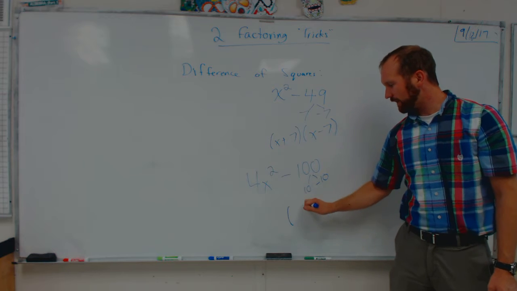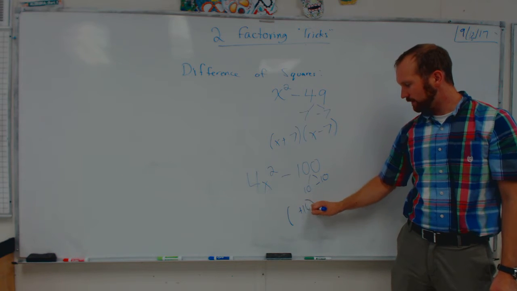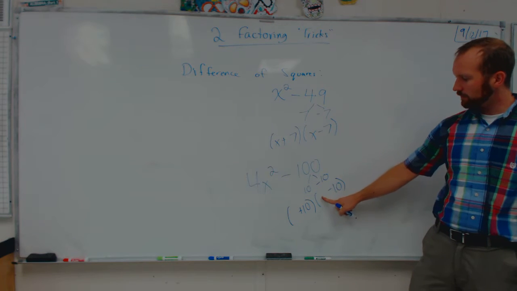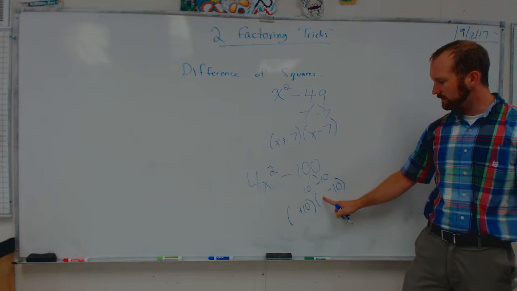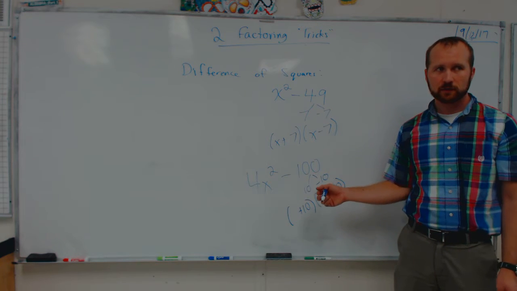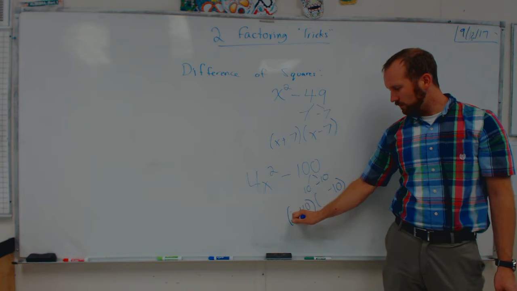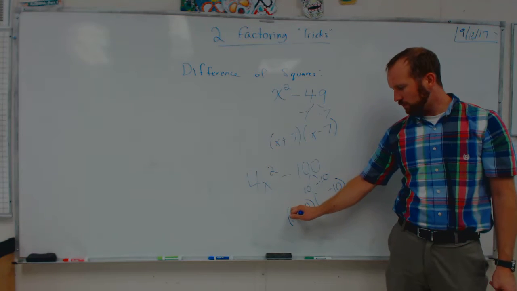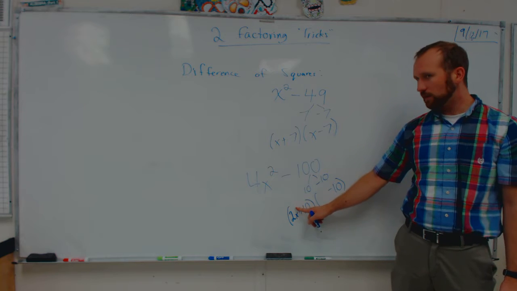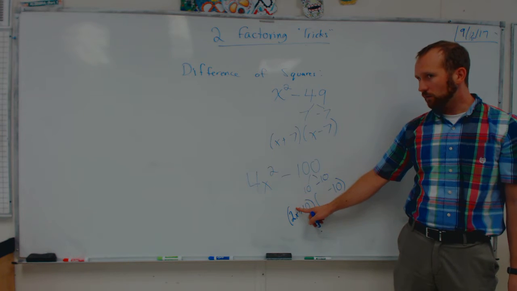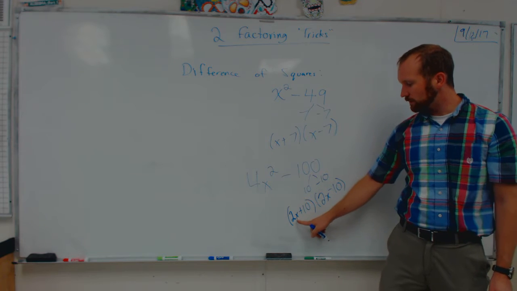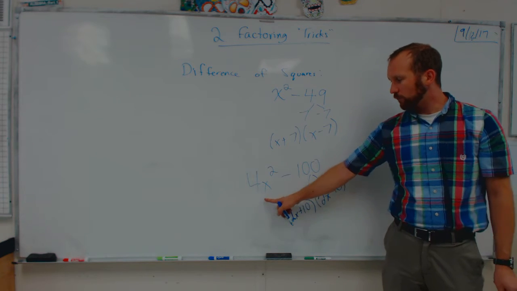So instead of just having x plus 10 and x minus 10, I need something that multiplies times itself to give me 4x squared, which is 2 what? 2x. Now, do I need a squared here? No. Why not? What is 2x times 2x? It's 4x squared. So it works.